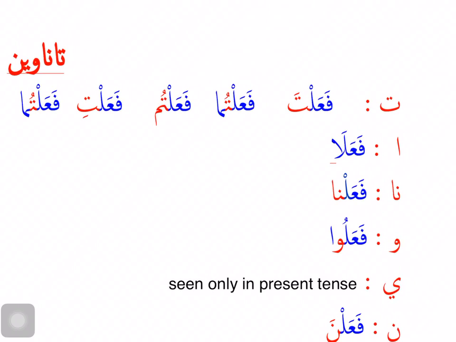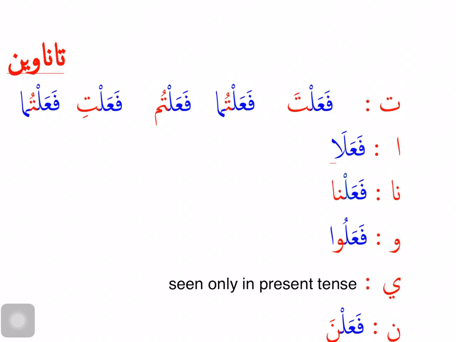The alif pronoun is found in two cases in the past tense conjugation, in fa'ala and fa'alata. The alif there is the pronoun, that is the doer. The noon alif, na, is only found in the past tense in fa'alna, nahnu conjugation. The waw is found only in the past tense in fa'alu, the hum conjugation.